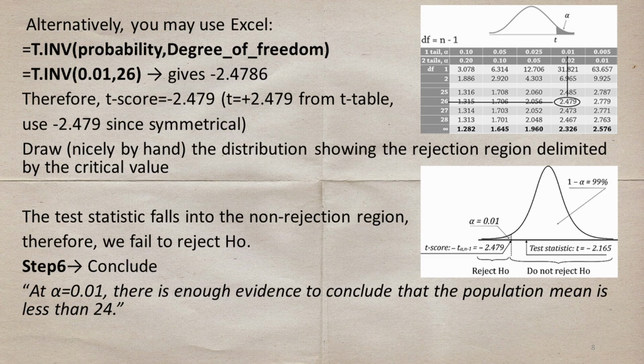The test statistic falls into the non-rejection region. Therefore, we fail to reject H0. Finally, Step 6. Conclude. At alpha equals 0.01, there is enough evidence to conclude that the population mean is less than 24.